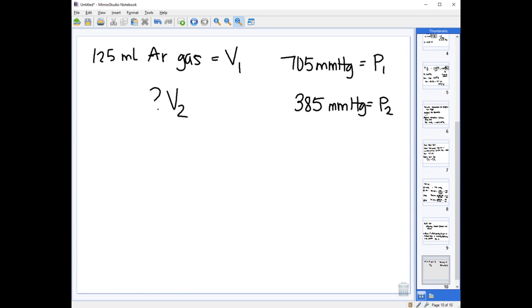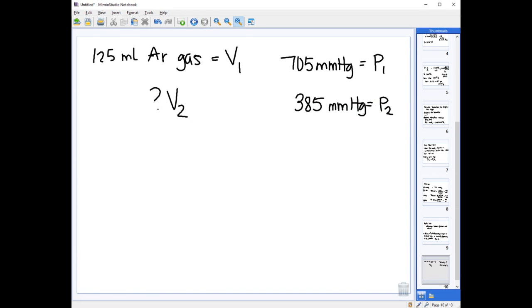All right, now, a few things about working these problems. When we're working the Boyle's Law problems, it doesn't really matter specifically what units we have as long as they're the same. In this problem, we have our pressures in millimeters of mercury.